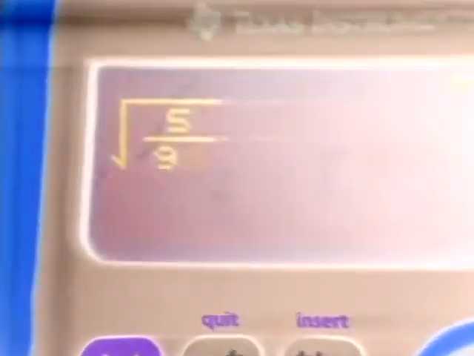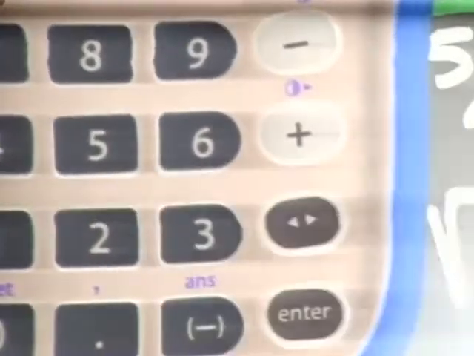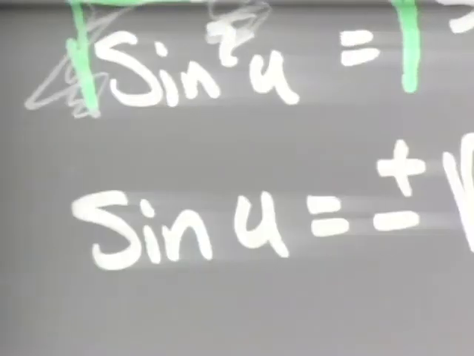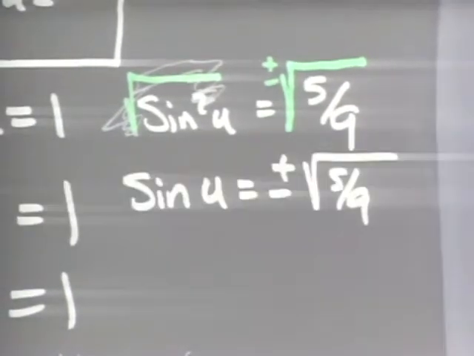Now you might have some trouble with your calculator on this, and your calculator might just give you decimals. If you're saying, well, what is the square root of 5/9? I can throw it in this calculator, but it just says 0.745, and that's not what we're looking for. I can even hit this toggle button a few times, and it doesn't turn it into a fraction.